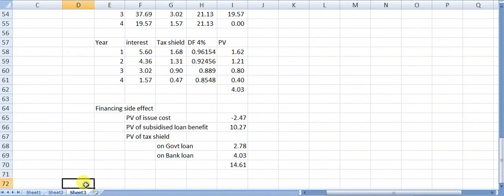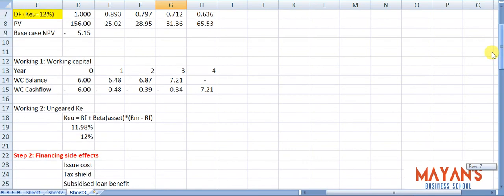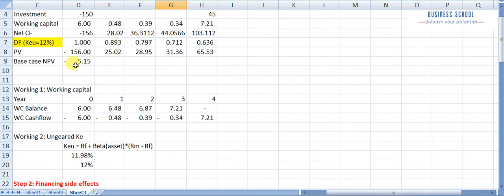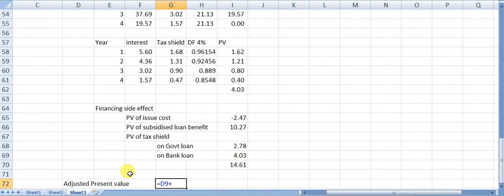So now let's say adjusted present value has to be base case NPV plus this financing side effect. Base case NPV how much? Minus 5.15 here, minus 5.15, plus financing side effect total 14.61.